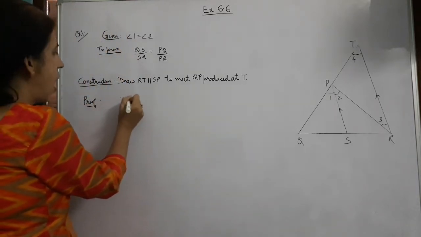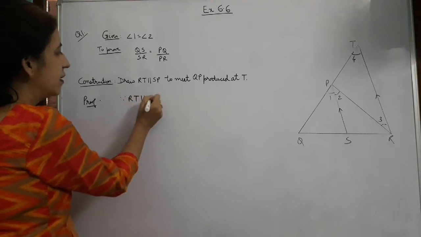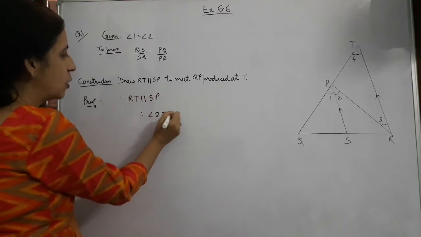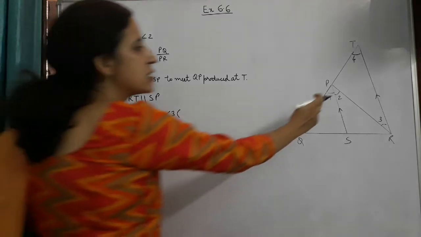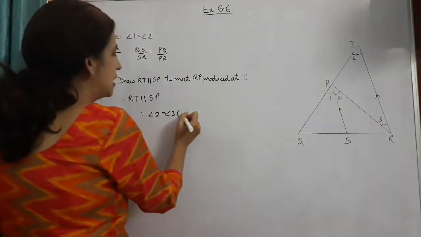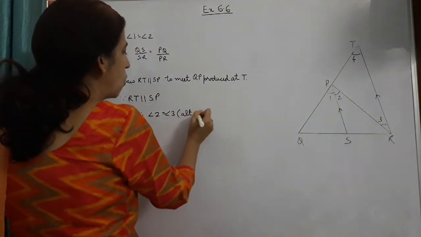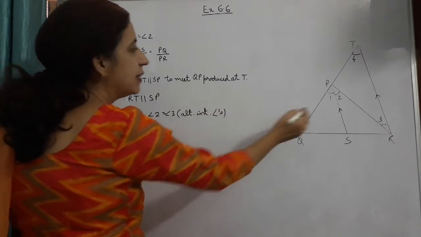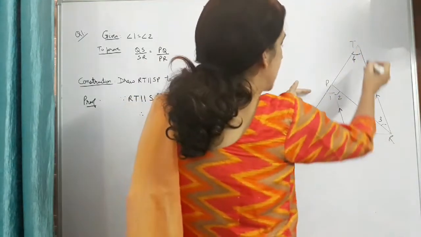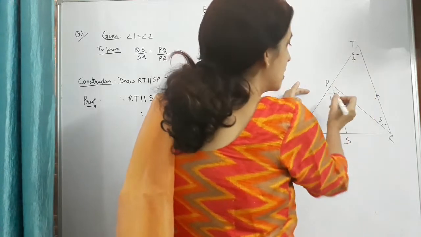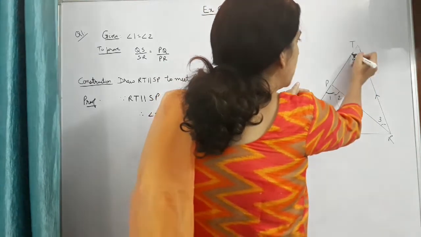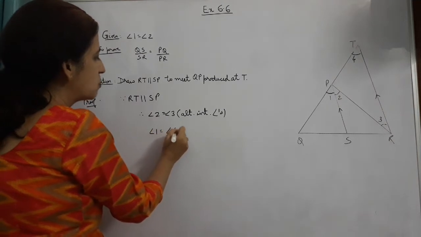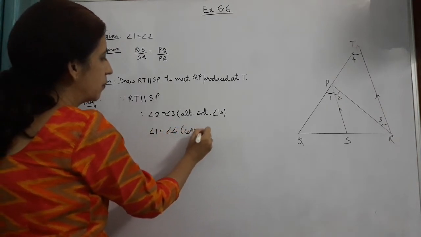Since RT is parallel to SP, therefore angle 2 is equal to angle 3 because they are alternate interior angles. And these are the two parallel lines and QT is the transversal. So angle 1 would be equal to angle 4 because they are corresponding angles.